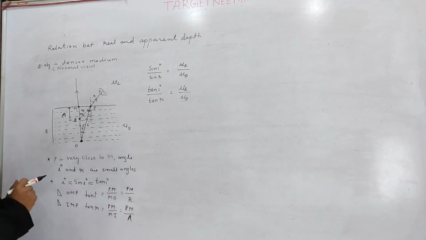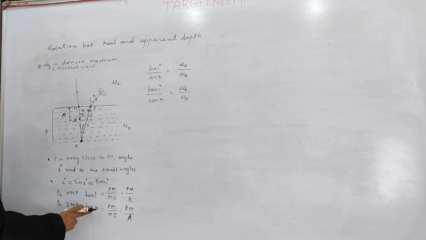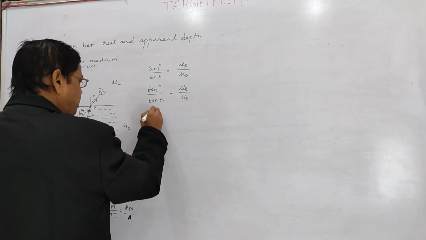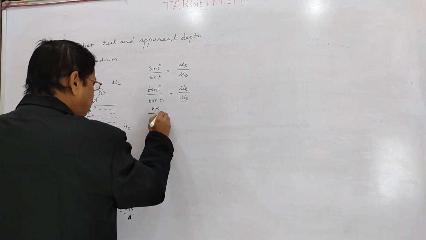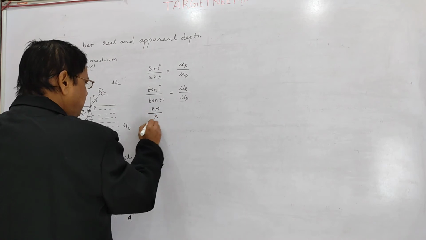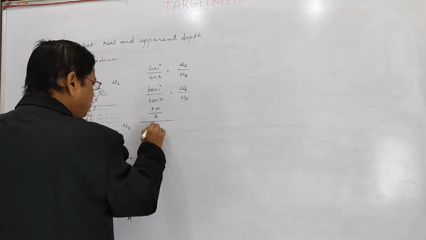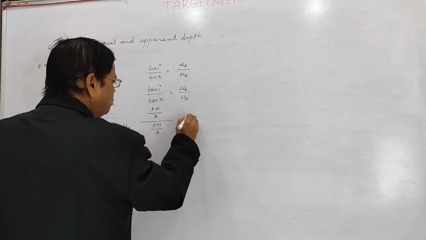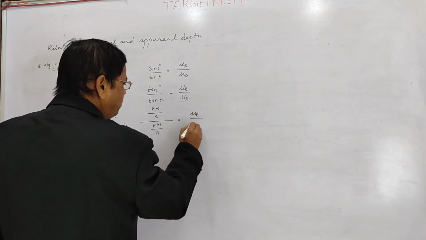Real depth is r. Now tan i, tan r, put values of tan i and tan r in this equation. So here it is PM divided by r, whole divided by PM divided by A, is equal to mu r over mu d.